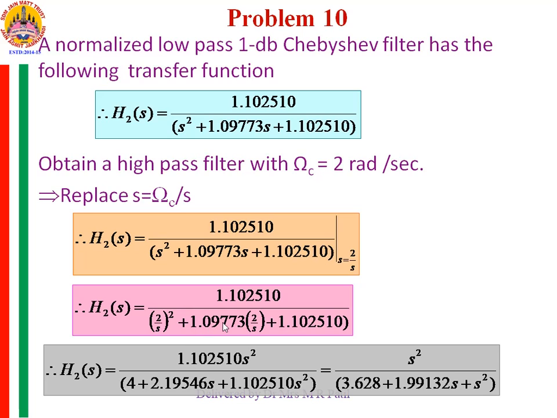This term 1.09773 into 2S, so you will get 2.1954S, plus 1.1025 into S square. So numerator and denominator, let us divide with 1.1025 to further simplify this. So we'll get S square divided by S square plus 1.99132S plus 3.628.